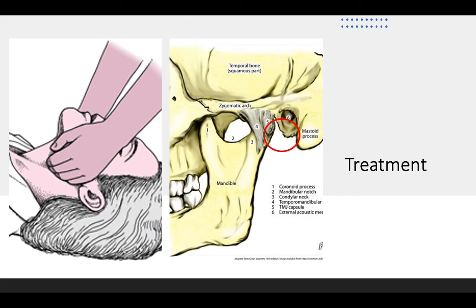It's called the laryngospasm notch, really. It's the junction of the condylar process of the mandible, the mastoid process, and the ear canal. You apply pressure for about 3 to 5 seconds.